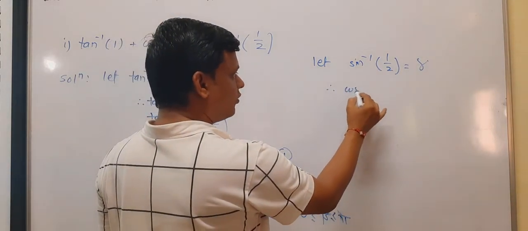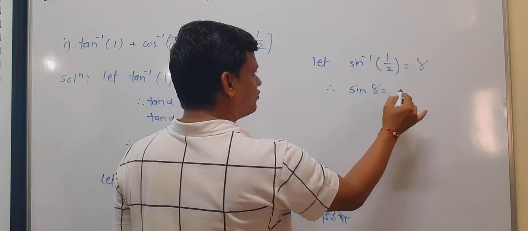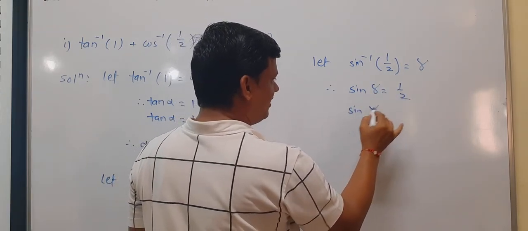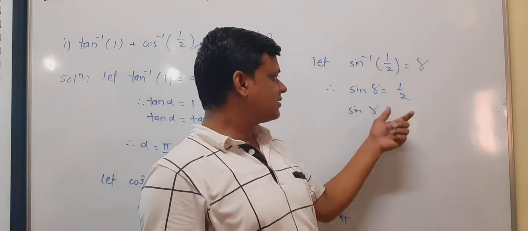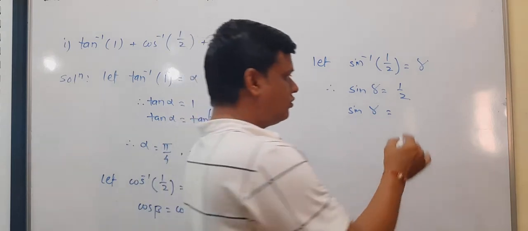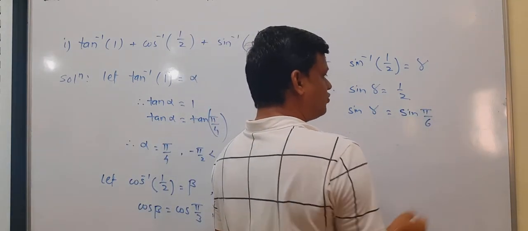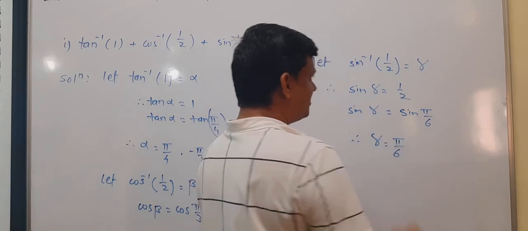Therefore, sin gamma is equal to 1 by 2. We know that sin 30 is 1 by 2, so sin pi by 6 is equal to 1 by 2. Therefore, gamma is equal to pi by 6.